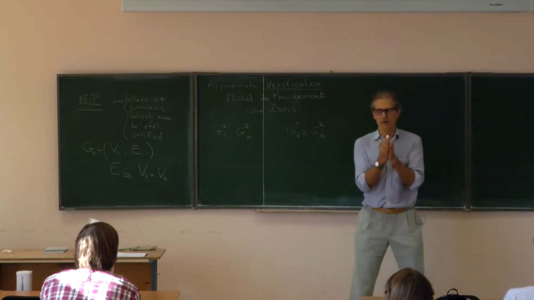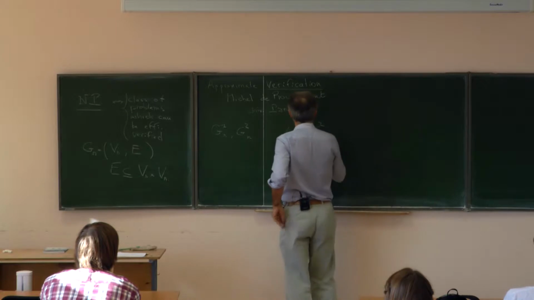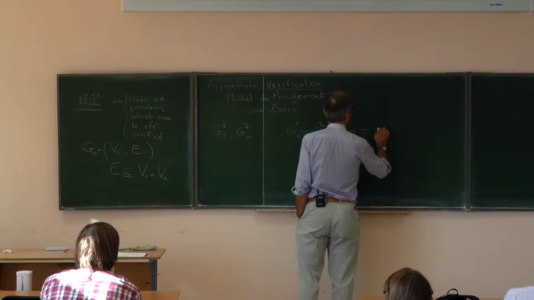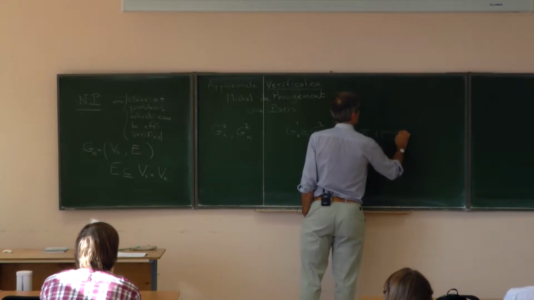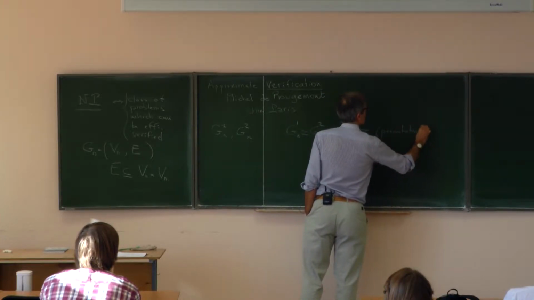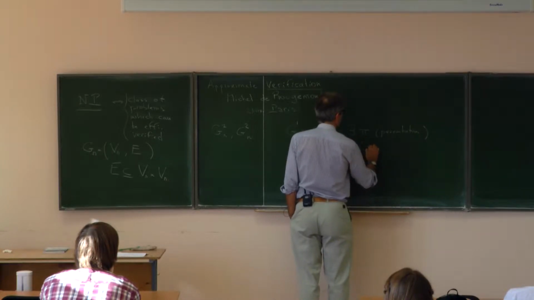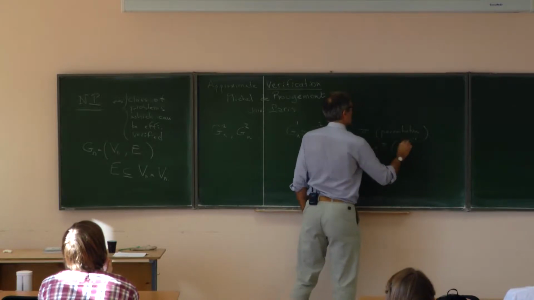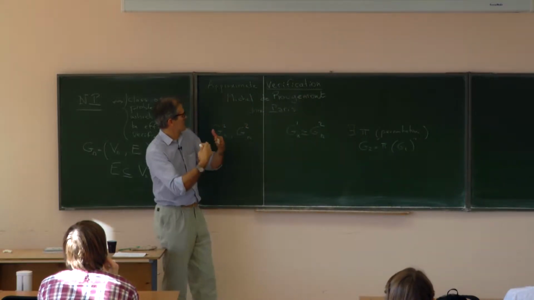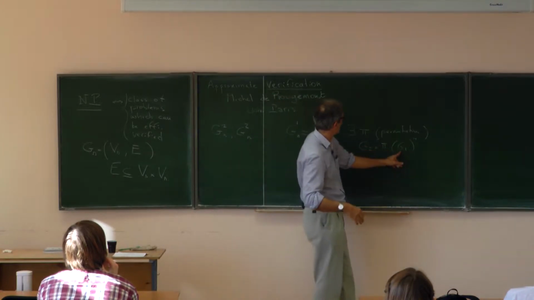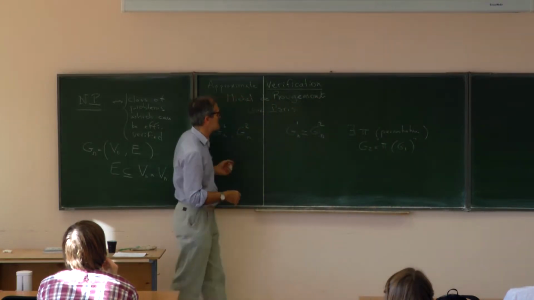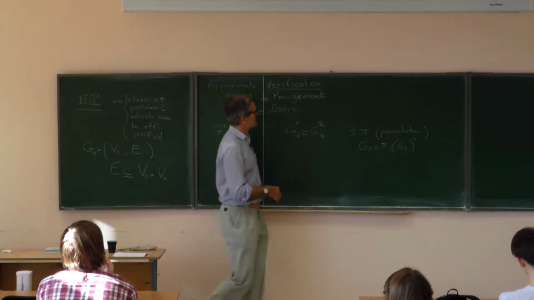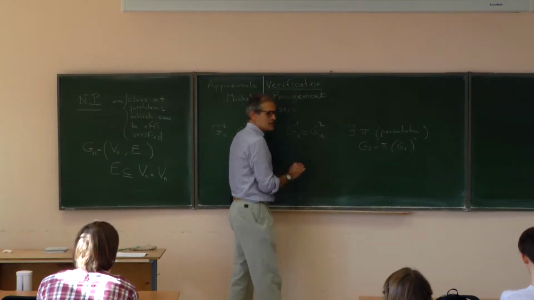So they are isomorphic if there exists a permutation pi such that G2 is pi of G1. This notation means you take G1 and look at the edges by taking the image along pi.